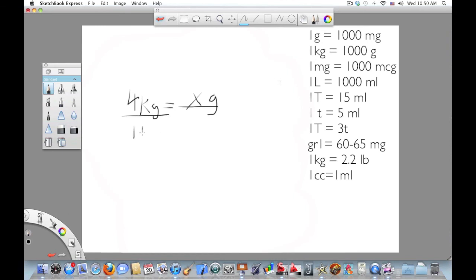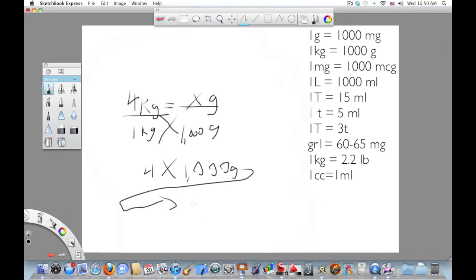Match them up, you have 1 kilogram underneath kilograms, and 1,000 grams. Again, these match. Clearly see, it's directly across. You know you have to multiply. 4, bring it down, the 1,000 grams, and it should equal 4,000 grams.